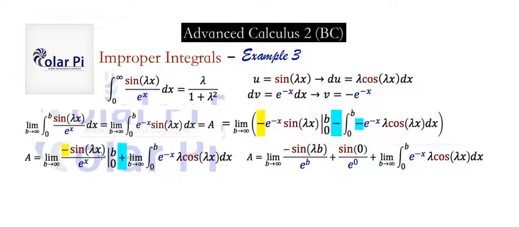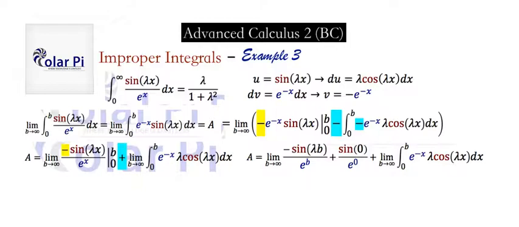That means we plug in b into this quotient and then subtract from that, plugging in 0. And of course, when you subtract, you're subtracting a negative quantity by this minus sign, so I have a plus. Sine of 0 is 0, so this part is going to drop out.